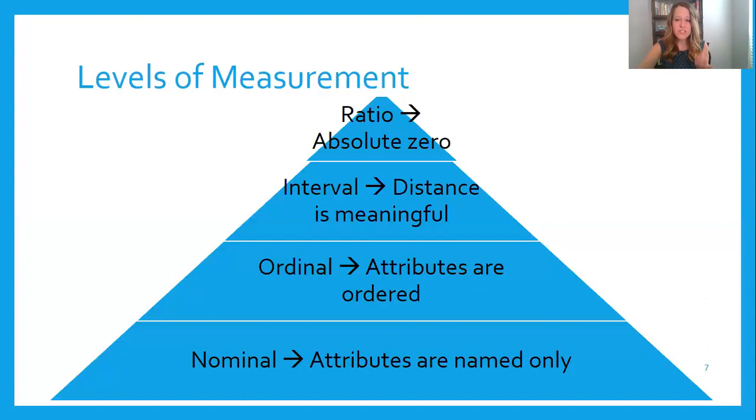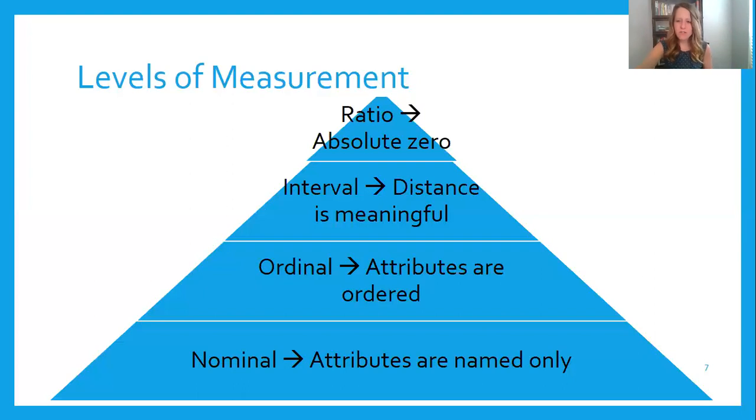It's difficult to determine what that 0 would mean in this particular instance. And so that would be an example of an interval level of measurement. And we can't really compare in terms of ratios. So if you have a satisfaction level of 1 and I have a satisfaction level of 2, we know that I'm 1 point higher in satisfaction, but we don't really know that I'm twice as satisfied per se.